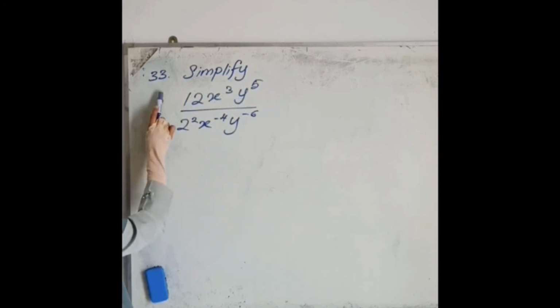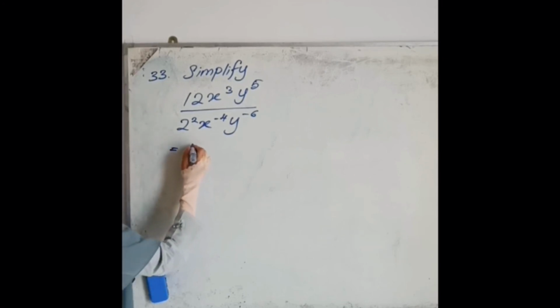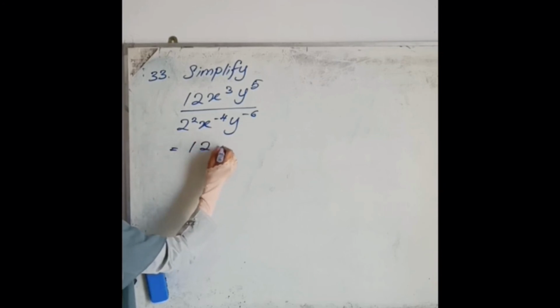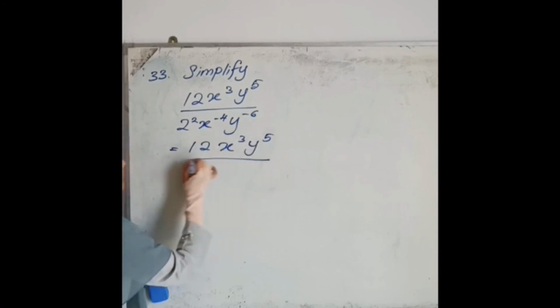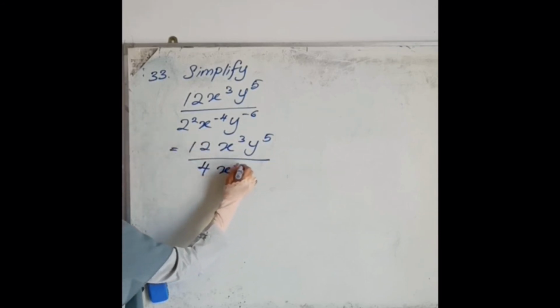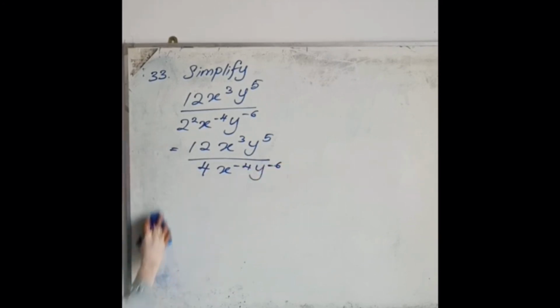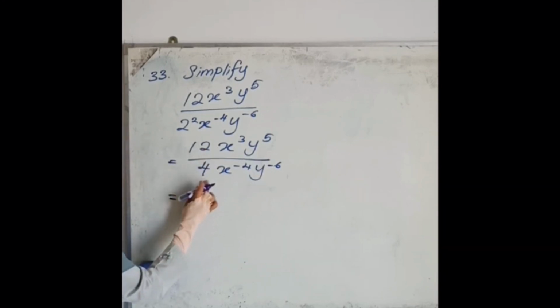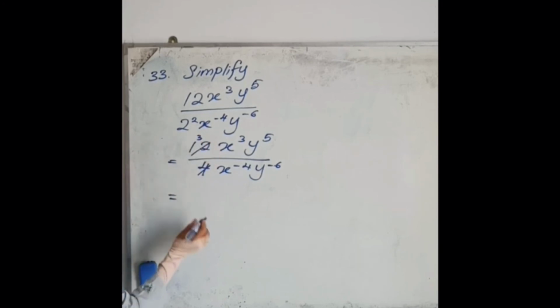So question 33. Okay, we can simplify. 12 x to the power of 3 y to the power of 5 per 2 squared means 4 x to the power of negative 4 y to the power of negative 6. Okay, so 12 divided by 4 we can simplify. So 3 here. So 3x.